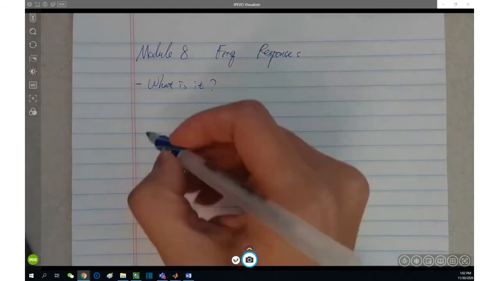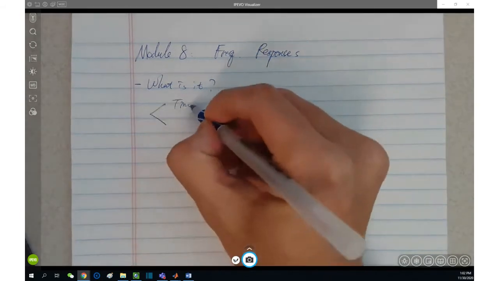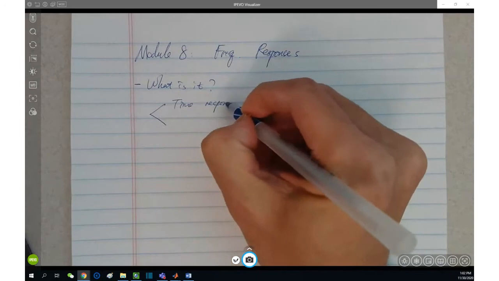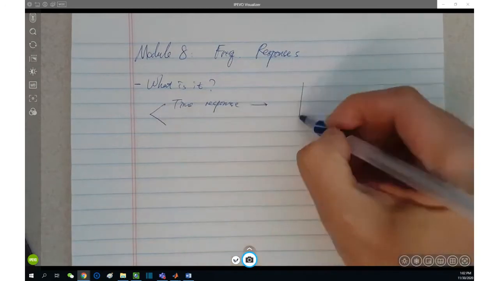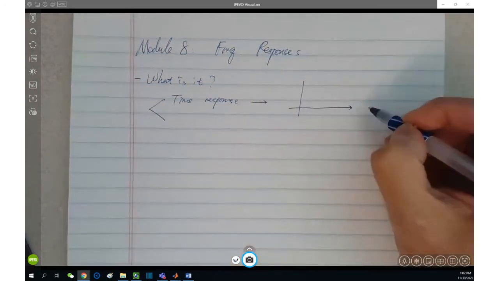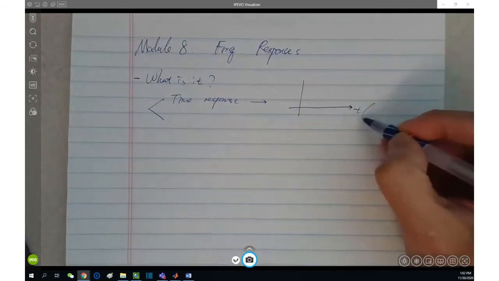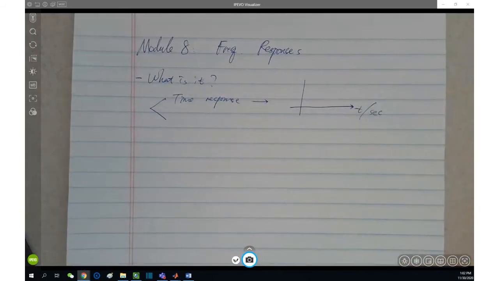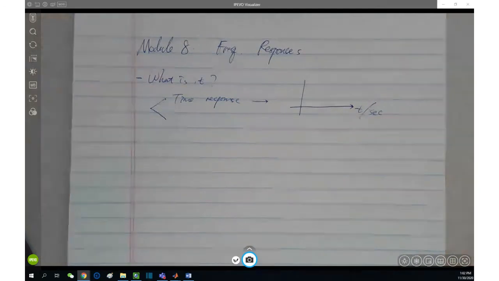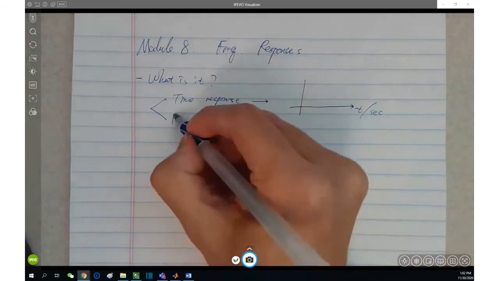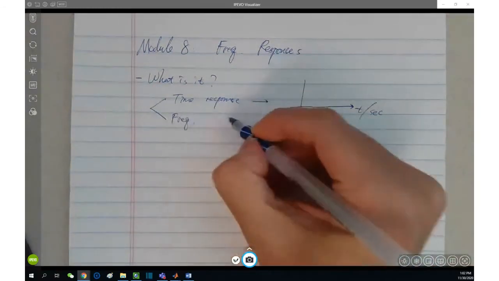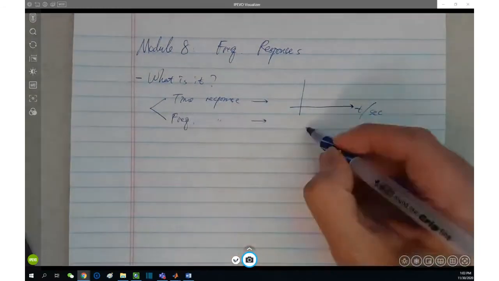It's very easy, right? If you recall the time response, your x-axis is time t, in unit of second, generally speaking. The frequency response follows the same idea.